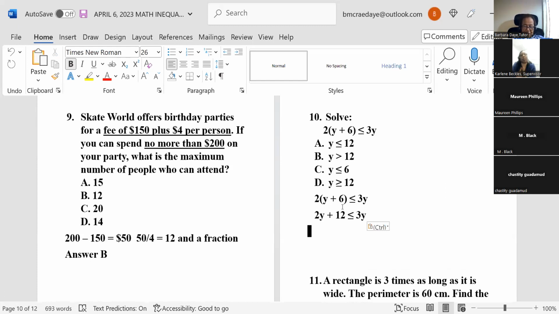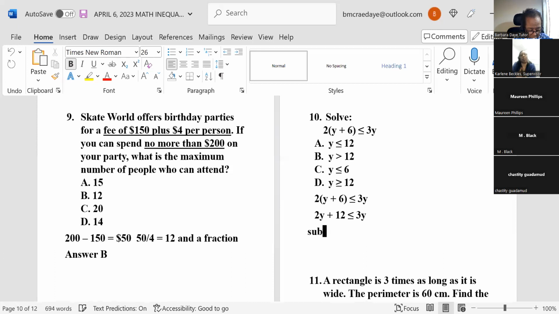Maureen, how would you do the next step? We'll subtract. Subtract what? Oh, that's 3y and 2y. Remember, we're trying to get our variable on the left, and the variable is the y. Subtract 3y from both sides. That's it.